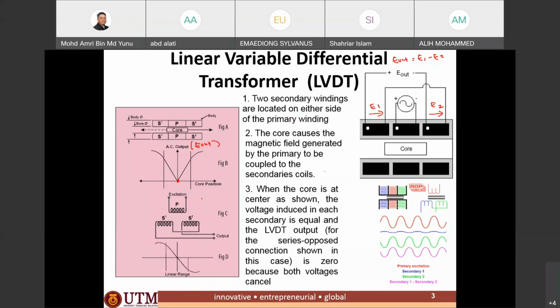It has a primary winding where an AC supply is given. When current flows through the primary winding, electromagnetic flux is generated.